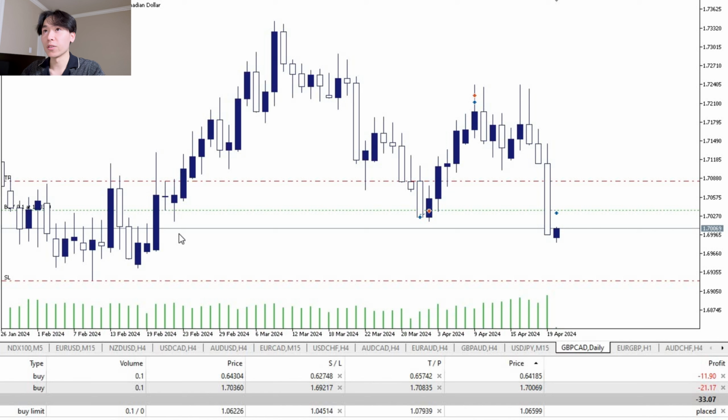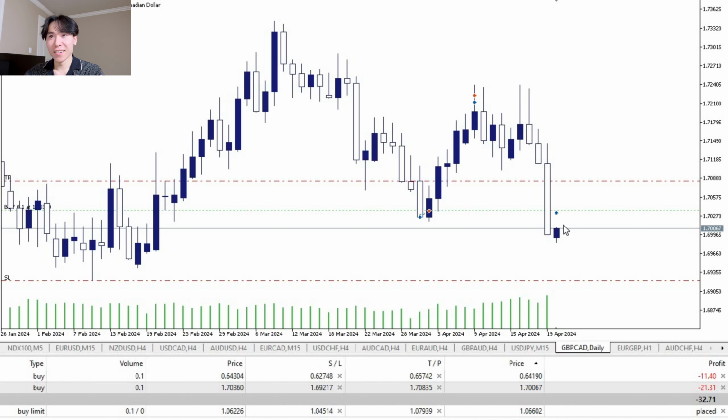But as you can see on GBP CAD, my entry was here, but for some reason the market entered me down here. The second I entered, price was just down here. So currently negative. The RR is definitely not there for GBP CAD, but let's hope for the best.